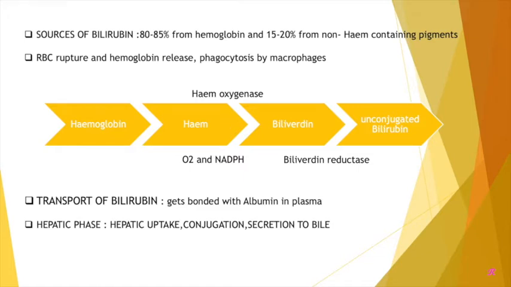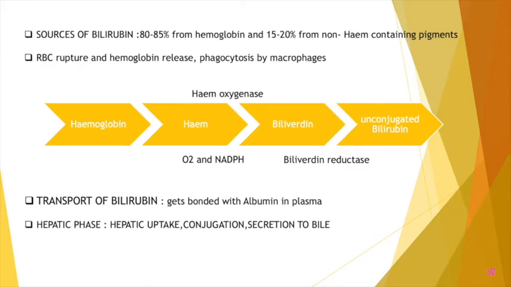Now this albumin bound bilirubin will slowly move on to the liver, to the hepatocytes. Hepatocytes means the cells of the liver. In the liver, so many processes take place with the bilirubin. The hepatic cell membrane will absorb the bilirubin along with the albumin. Thus the hepatic phase starts there.